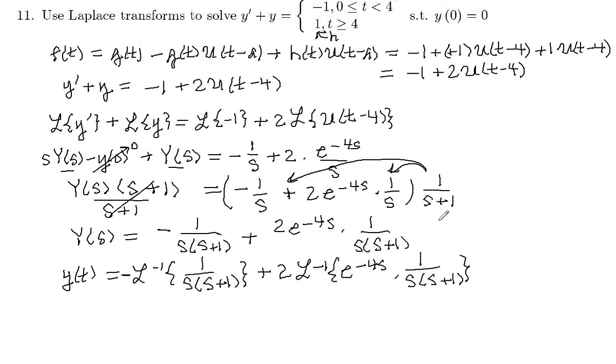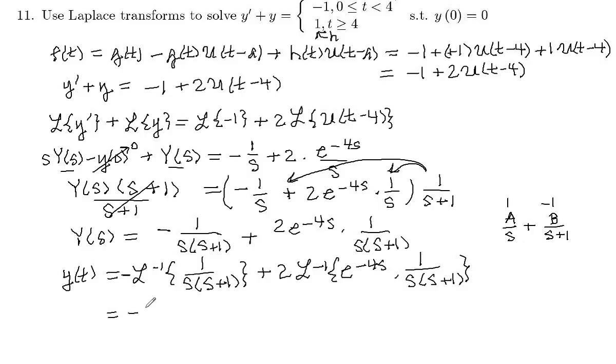And then we need to do partial fractions on this. It's going to have the form A over s plus B over s plus 1. If you do the partial fractions, this turns out to be 1, and this one ends up being -1. That's a partial fractions that we've done several times before, so I'm going to let you verify that.